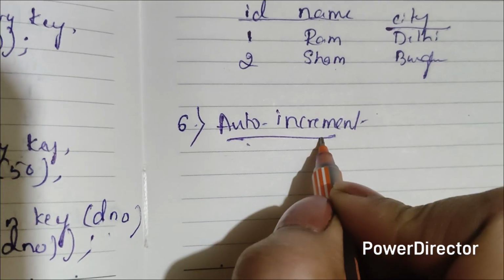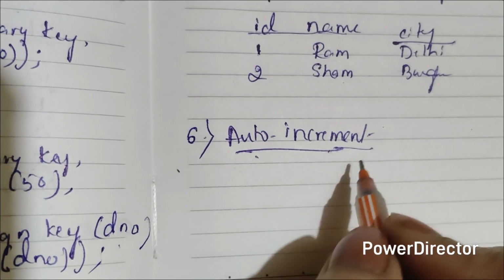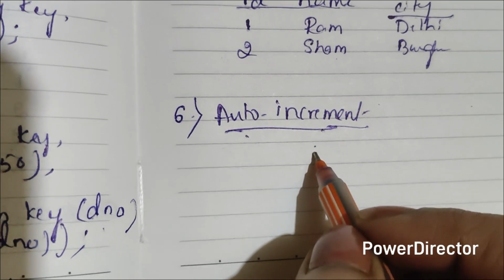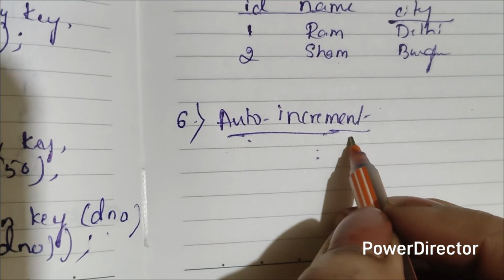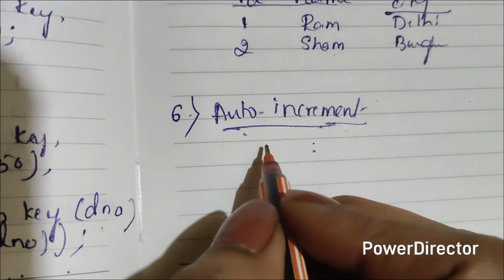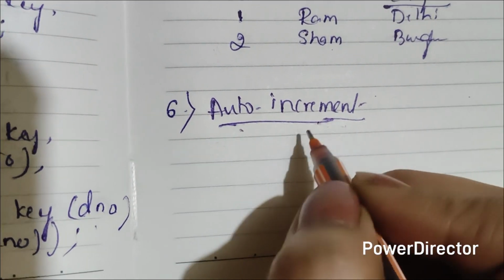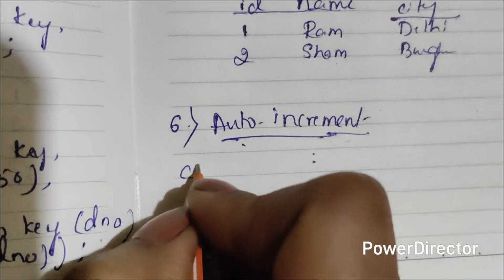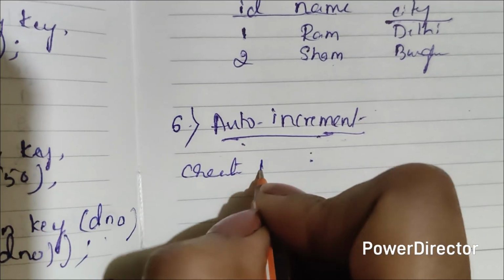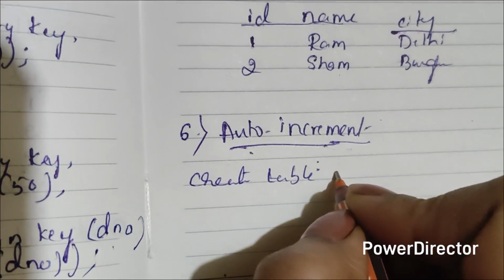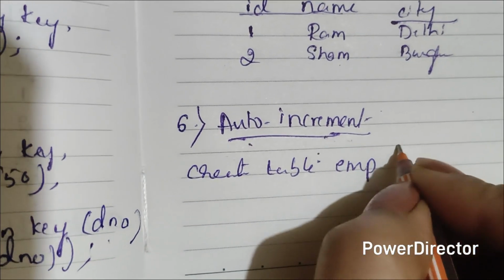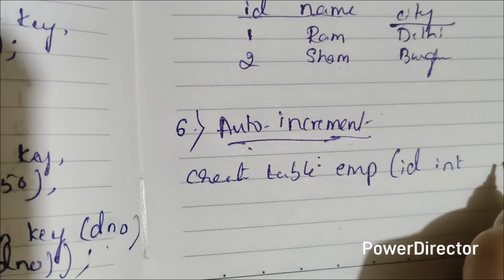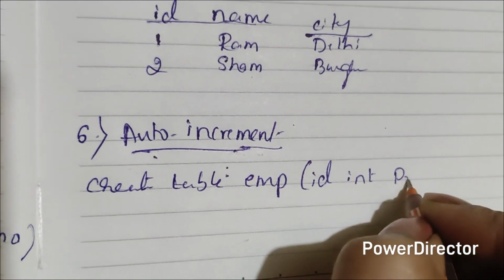It is auto increment. So why it is used? If you want to increment any attribute values, okay, then you have to go for this auto increment. So automatically it will be going to increase the value of that particular attribute. Suppose if you are writing like this, create table employee. So ID is an integer. I'm making this as a primary key.